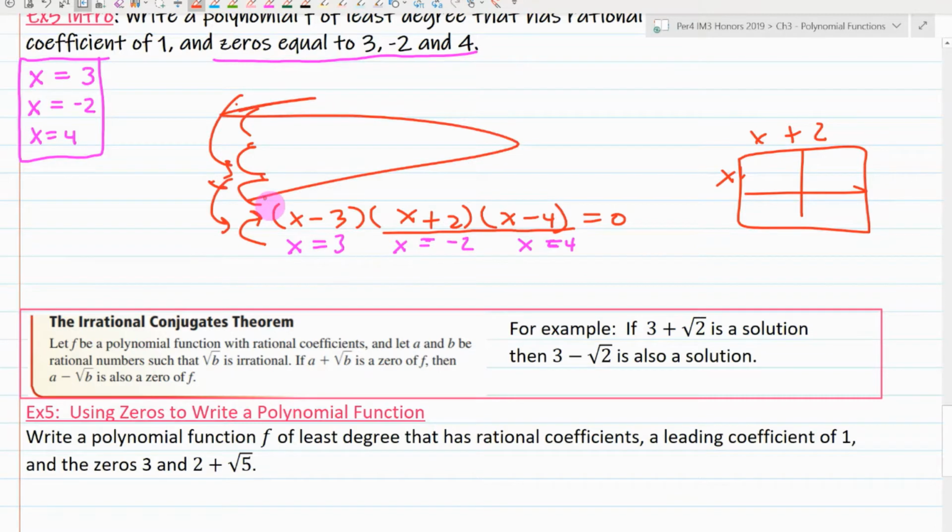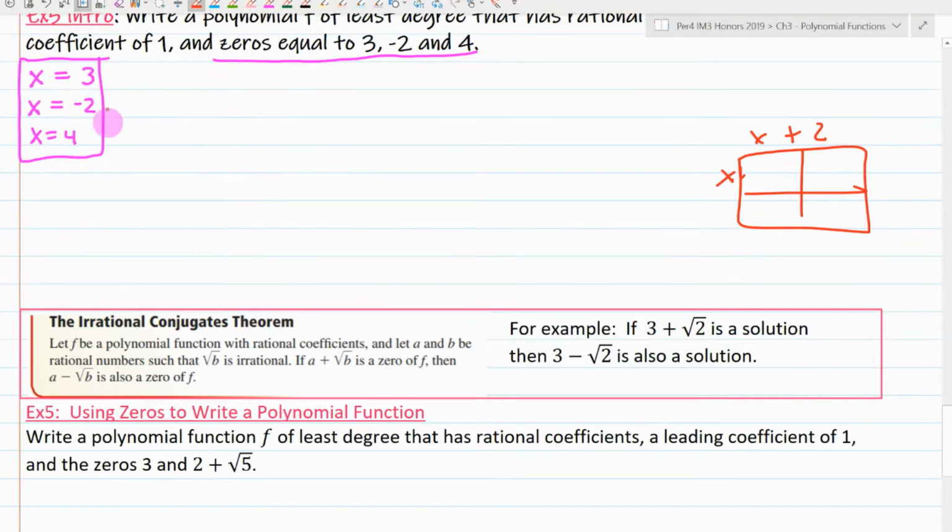Okay, so we're going to start at the top. So whatever your zeros are, your f of x equation will be x minus all of these. So x minus 3, x minus -2, which makes it plus 2, and x minus 4.